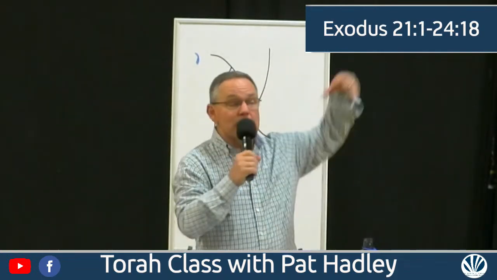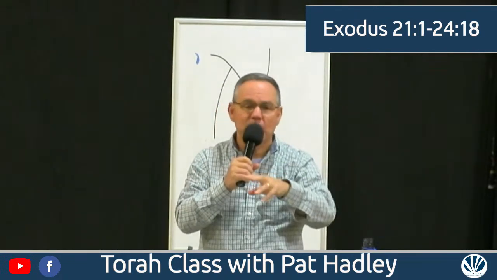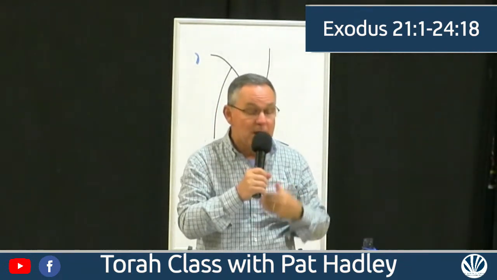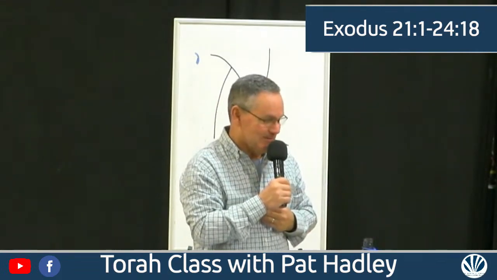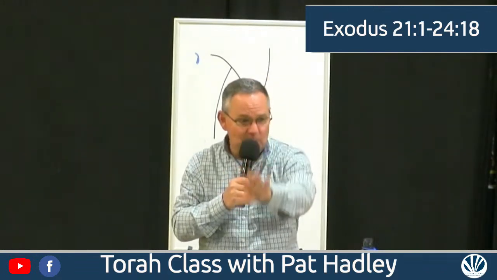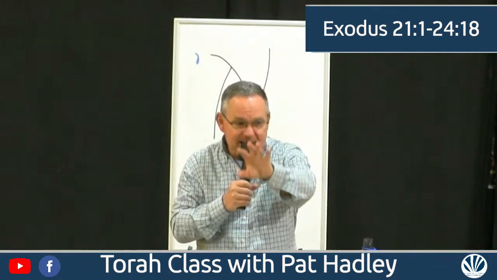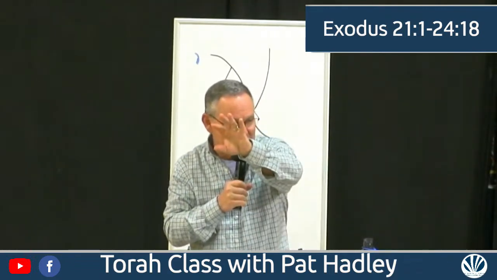Anyway, Moses is going back up the mountain, and now Yehovah is going to give him what is known as the Book of the Covenant. Okay? So we have the words, 10 words. Those are like the index. Okay? Those are like the headings.